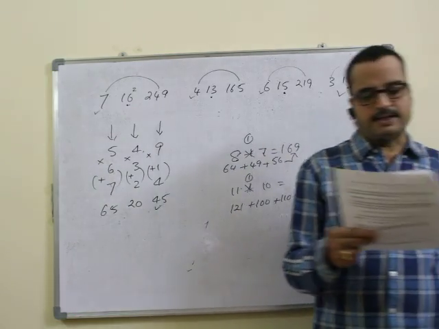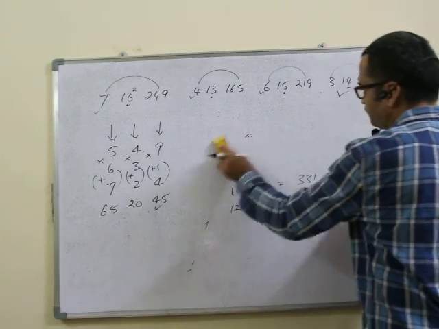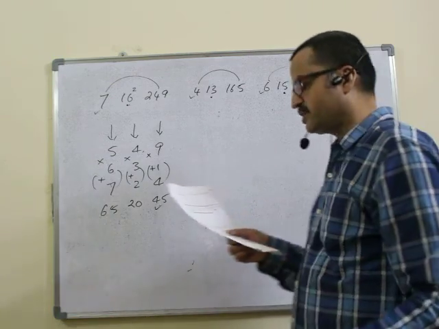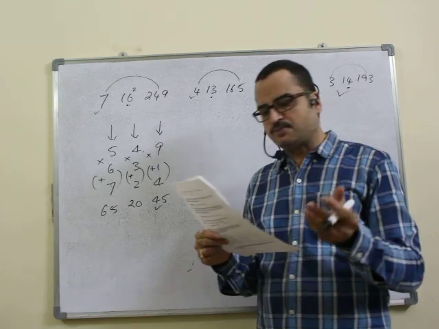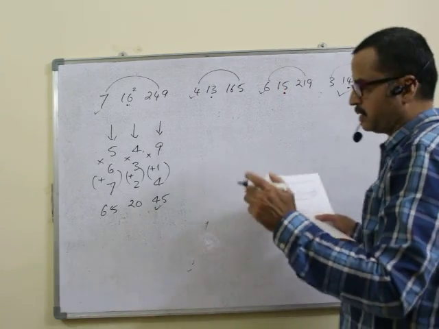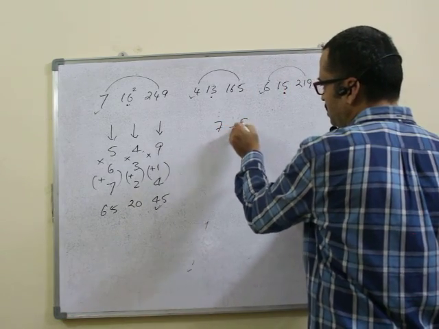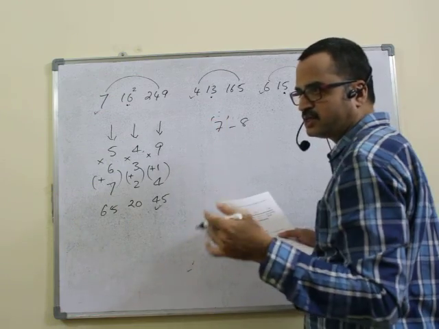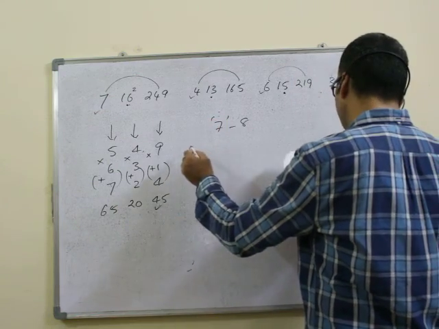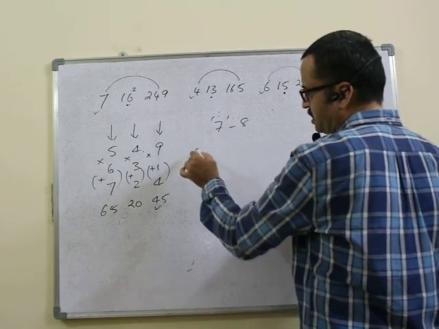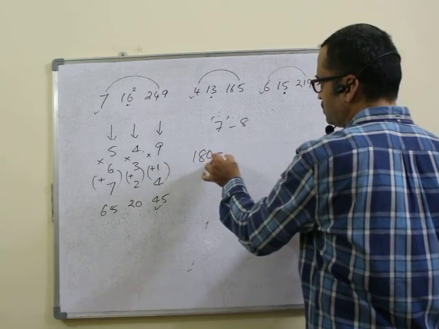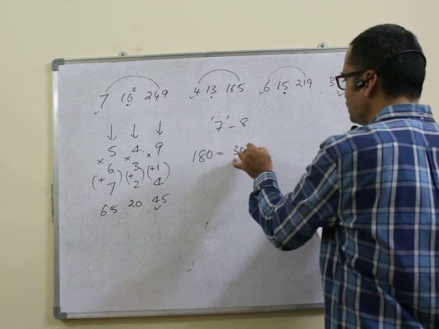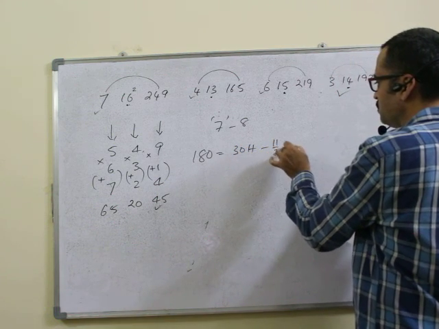Now 22nd. See, that's based on clocks. At what time between 7 and 8 o'clock will the hands of a clock be in the same straight line but not together? So between 7 and 8 o'clock, the angle covered by the hour hand is more. So there is a reason, please note. Opposite, so definitely the angle between the minute and hour hand is 180 degrees. So theta is equal to 30h minus 11 by 2 minutes.